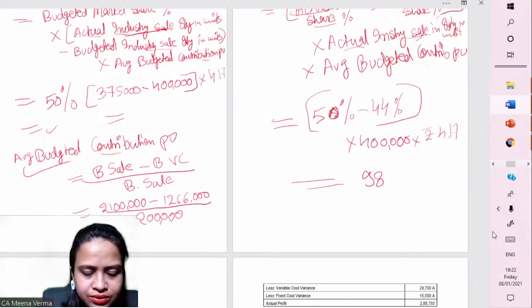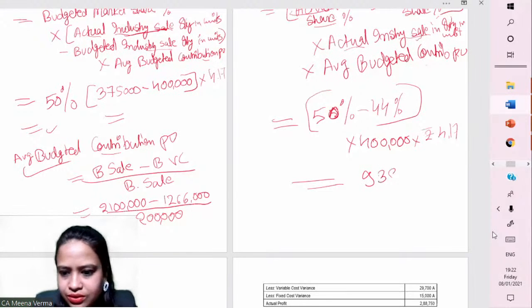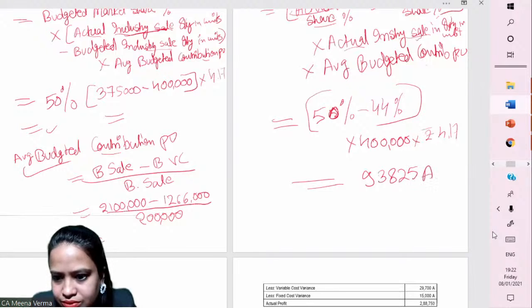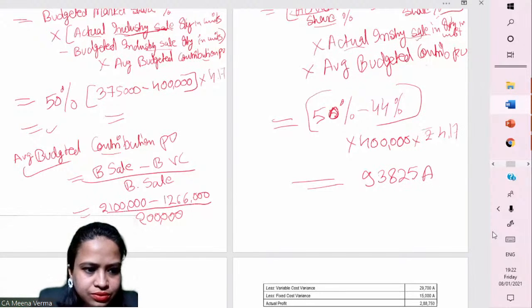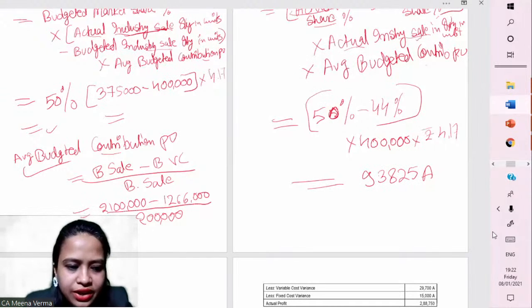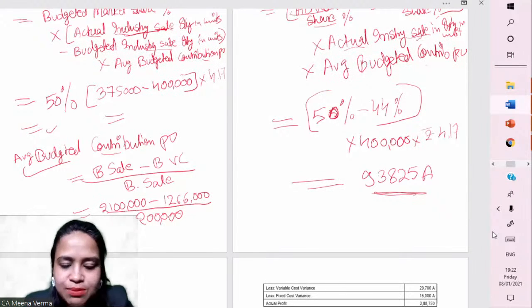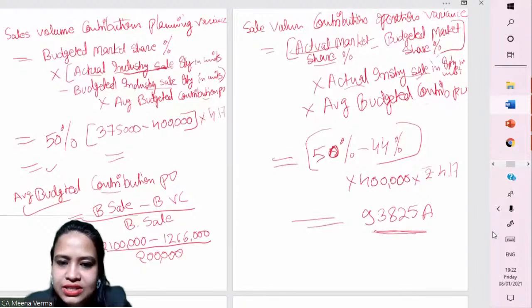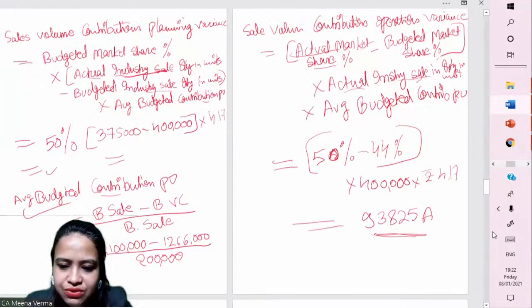Anjali, your answer is not correct. Please check. This value is 93825. Sales volume contribution operation variance is not correct.